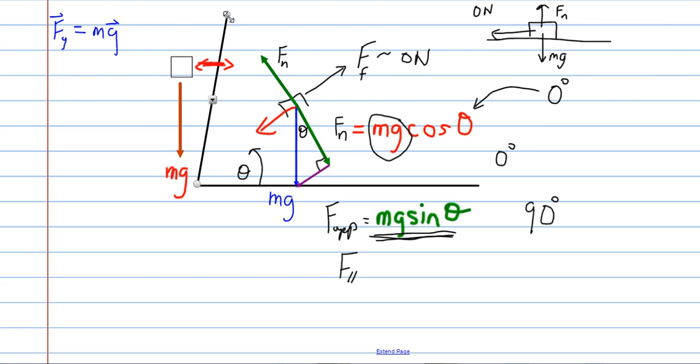As I take my slope and I start to make it shallower and shallower, I begin to bring about some normal force. I introduce some normal force. And the force of gravity driving it down the slope becomes less and less, until eventually, to this extreme, all of the force is normal force and there is no force of gravity driving the object down the ramp.